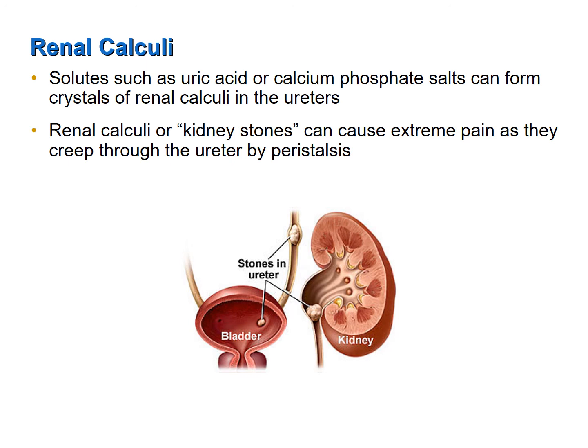You may know renal calculi simply as kidney stones. As they pass through the ureters, they can be extremely painful. Sometimes renal calculi are formed due to some underlying medical condition, but in many cases, certain individuals just are prone to forming kidney stones.